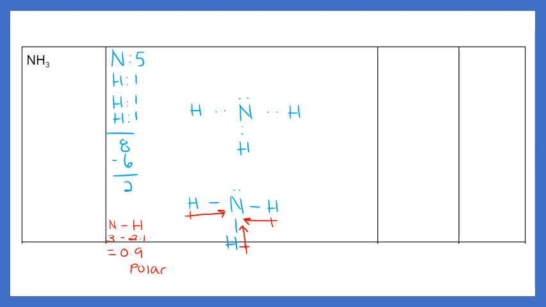So the hydrogens are going to cancel each other out on either side of the nitrogen. And then this hydrogen is going to try and cancel out this lone pair, but it really won't be able to, so this is going to be polar. The overall polarity of this compound is polar, and this shape is called trigonal pyramidal.